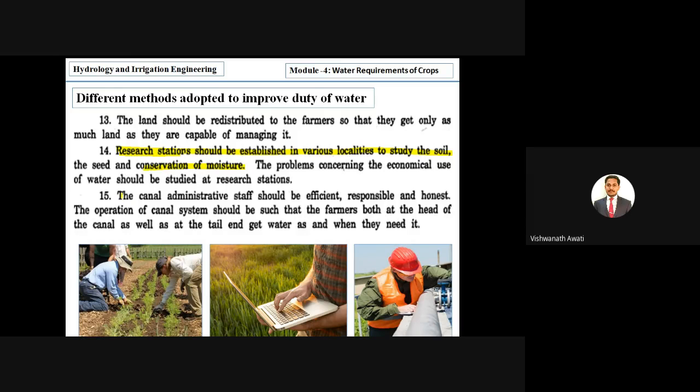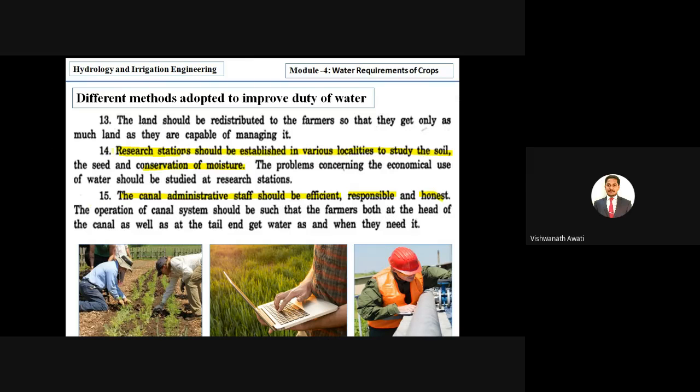Next, the canal administration should be efficient, responsible, and honest, right. The operation of the canal system should be such that the farmers both at the head of the canal as well as at the tail end get water.